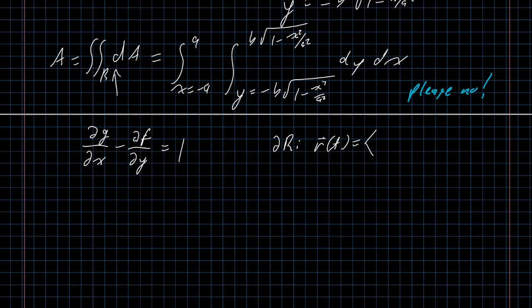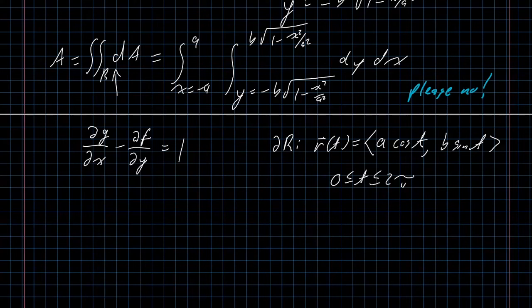We've come across this formula before. We get a times the cosine of t, b times the sine of t. Right, that takes the unit circle, which is just cosine, sine, stretches in the x direction by a, stretches in the y direction by b. t goes from 0 to 2 pi.